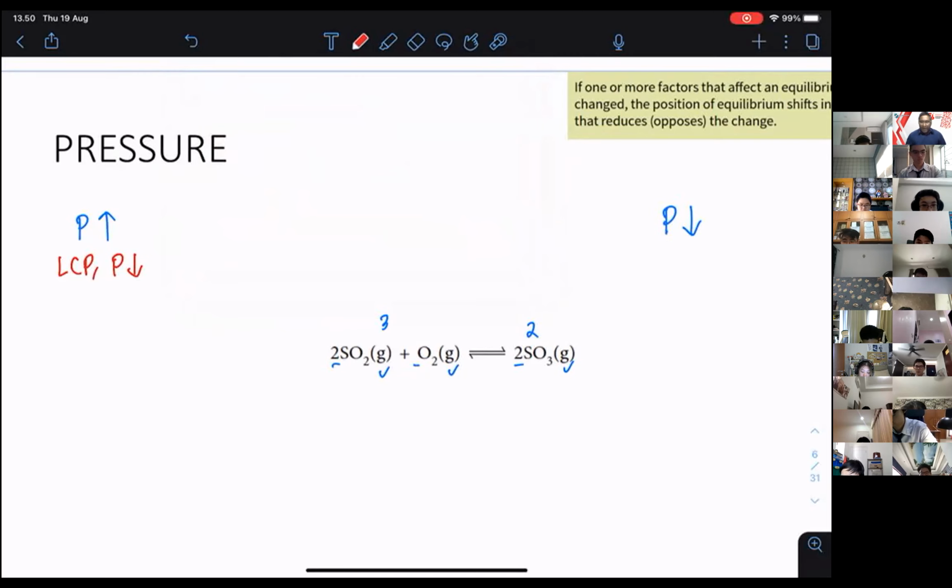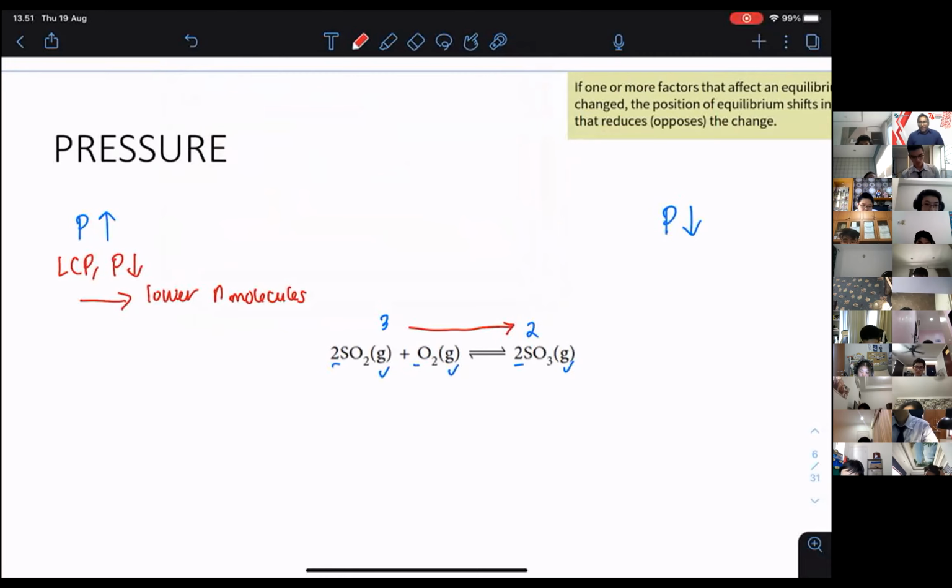How do you decrease the pressure? By shifting the position of the equilibrium towards the lower number of molecules. So they are going to move to the right, with lower number of molecules. I'll just put that down over there. Shifted to the right towards lower number of molecules.